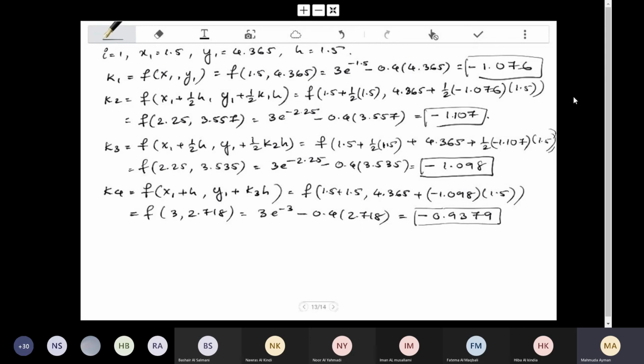Now we got K1, K2, K3, K4, so we can calculate Y2 now, which is Y1 plus 1 over 6 times K1 plus 2 times K2 plus 2 times K3 plus K4 times H. Can you give me the value for Y2 now?